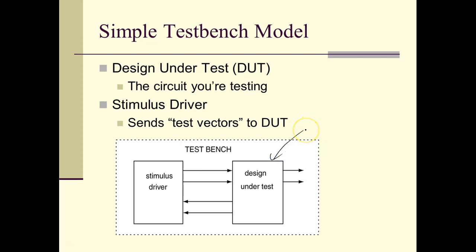The idea here is that the stimulus driver is going to send it some test vectors, and the design under test is going to generate some outputs, which may go to the outside world, or I could send some outputs back to the stimulus driver and have the stimulus driver do something with those outputs. A couple of different ways to do it. Generally speaking, we are only going to send it to the output here, at least in this course.